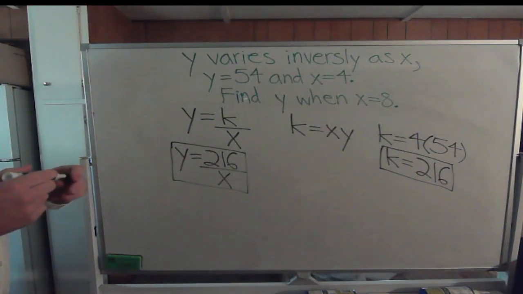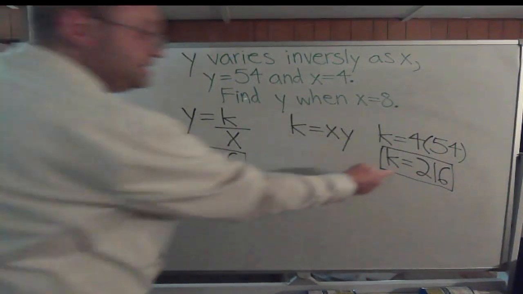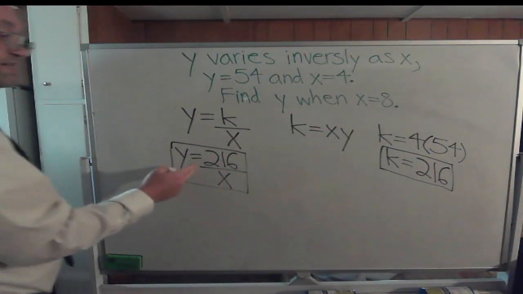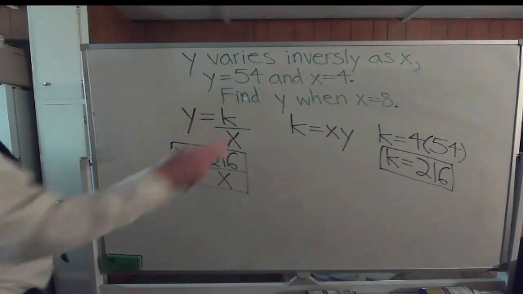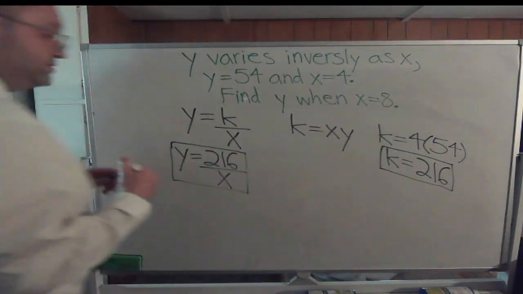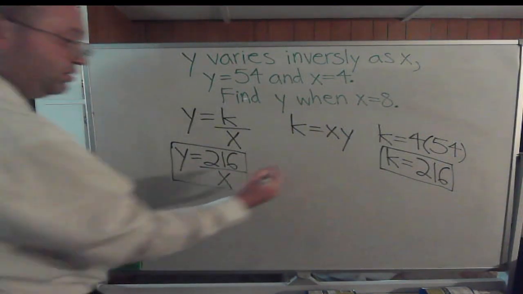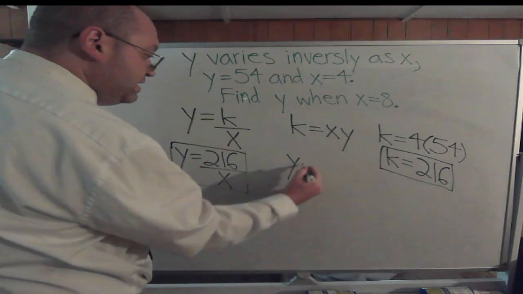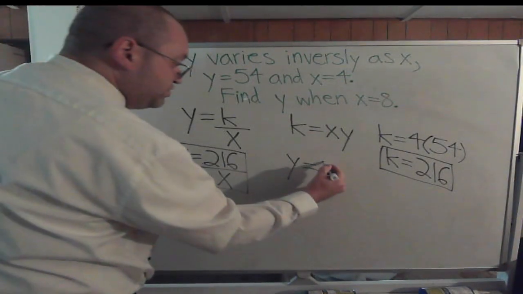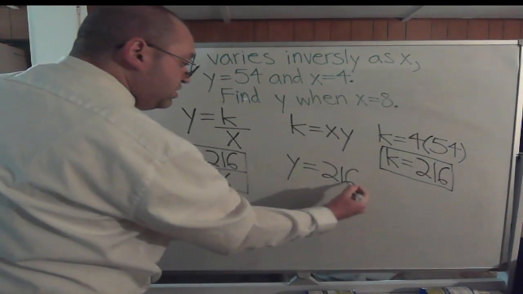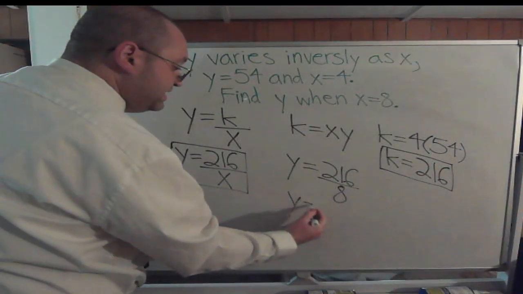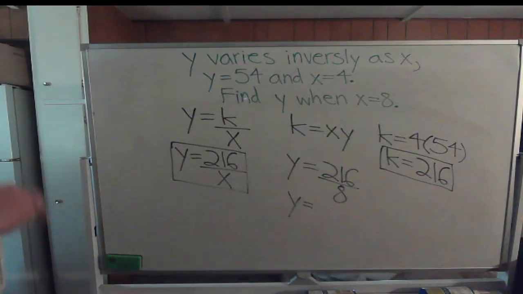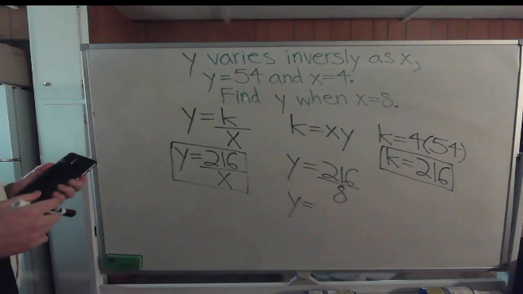Now, we've identified the constant of variation, and we've identified the new equation with that constant. Last thing we have to do is find y when x equals 8. So all we have to do to find y, we'll set that equal to 216 over the x value of 8. And that'll give us an answer. All I have to do is 216 divided by 8.